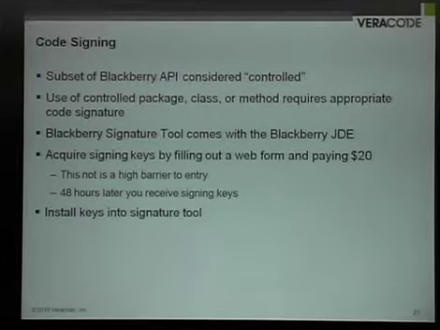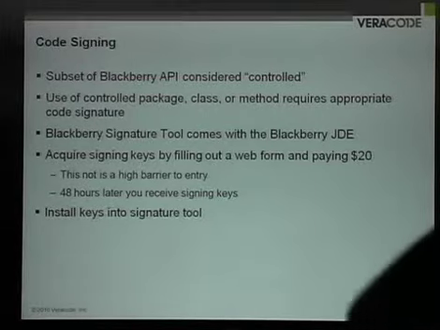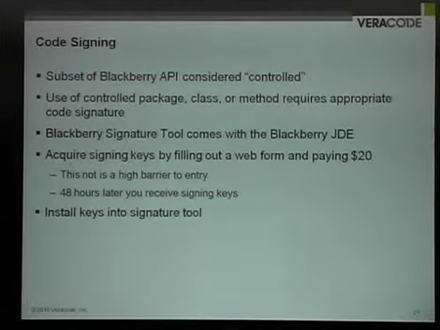Controlled APIs are split into three categories: runtime APIs, BlackBerry application APIs, and BlackBerry crypto APIs. It's fairly painless to get your own code signing key. It's basically as simple as filling out a web form, paying $20, and waiting 48 hours, and boom, I had my keys. I received my keys the next business day. I can now sign my code, and it can now execute on any of these controlled or protected APIs.